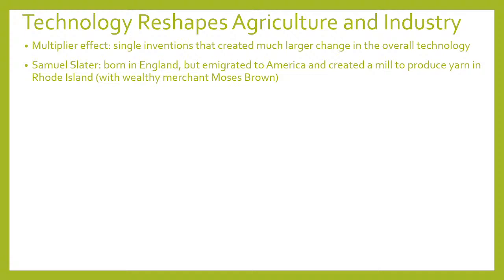with the merchant Moses Brown, and essentially single-handedly created the textile industry in America because, as I'd mentioned before, thanks to how England had kept us from creating any kind of textile base when we were a colony, we didn't really have much to work with.